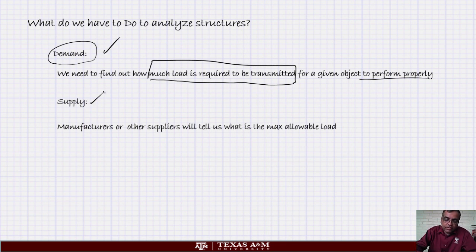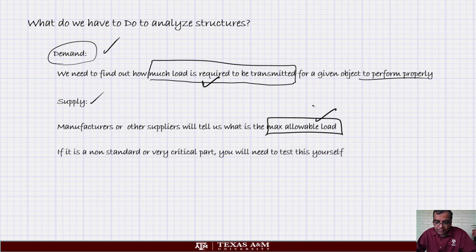Then we have to find out the supply, which says, according to the manufacturers or other suppliers, what is the maximum allowable load. Compare this: required is the demand, allowable is the supply. If it is a non-standard or very critical part, you are not going to take your manufacturer's word for it. You have to test it yourself because it's critical.